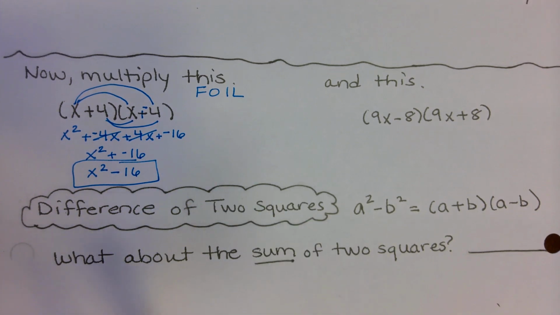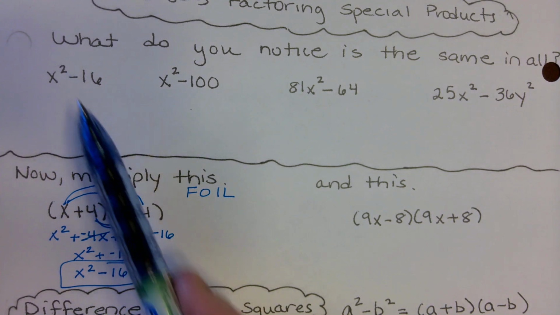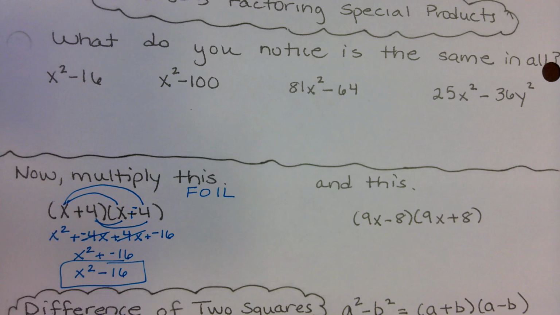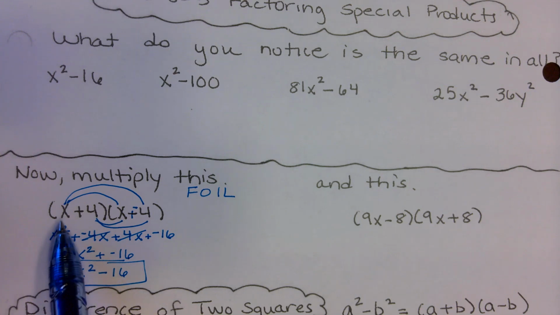Oh my goodness, look at that, guys. So we're going to learn how to take this and go backwards to get these. Do you see what happened here? They both started with whatever the square root of this was. Square root of x squared is x.